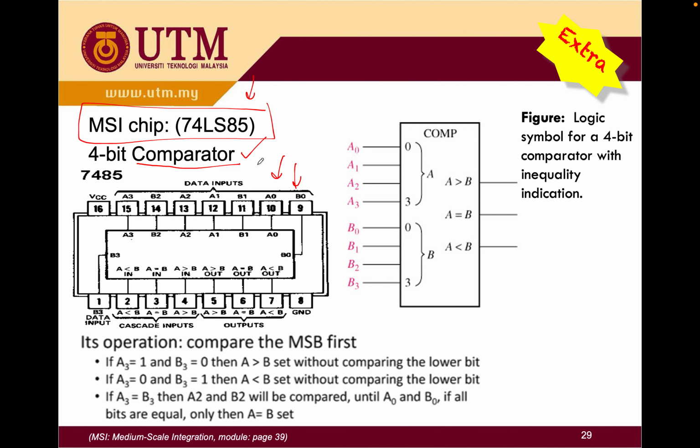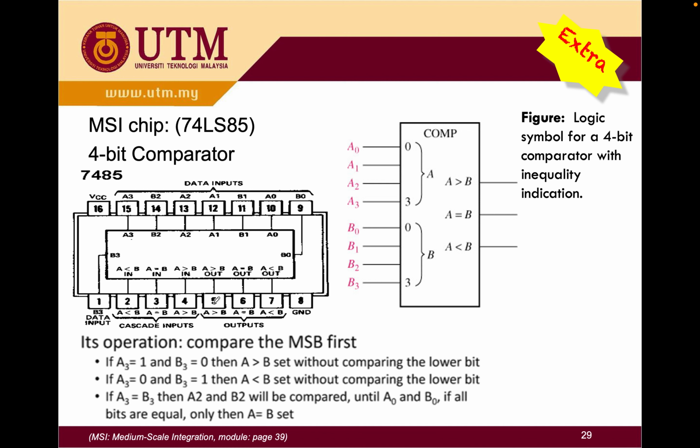Okay, it might give you the picture of these MSI chips, and they ask you, okay, what does pin 7 represent? If you have like 1 0 and 0 1, A and B, what is the value at pin number 7? Let's say, what is the value at pin number 5? What is the value at pin number 3? So you need to know.